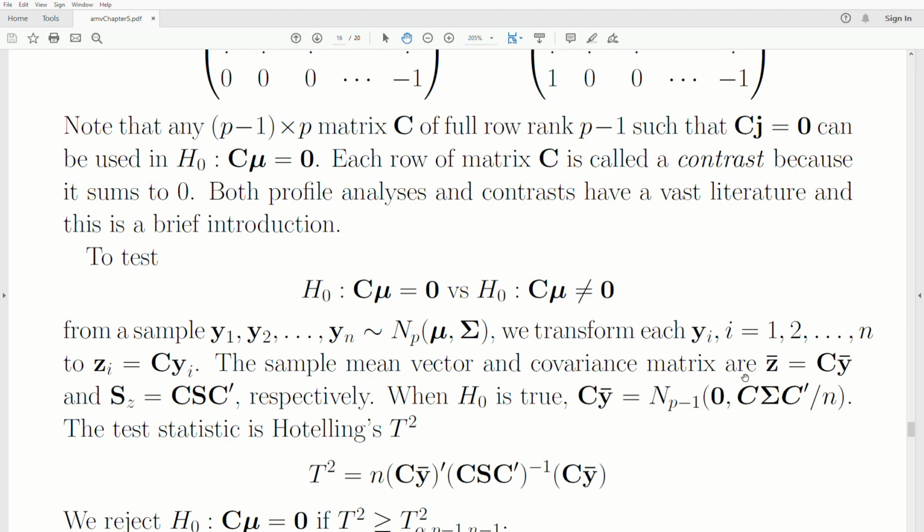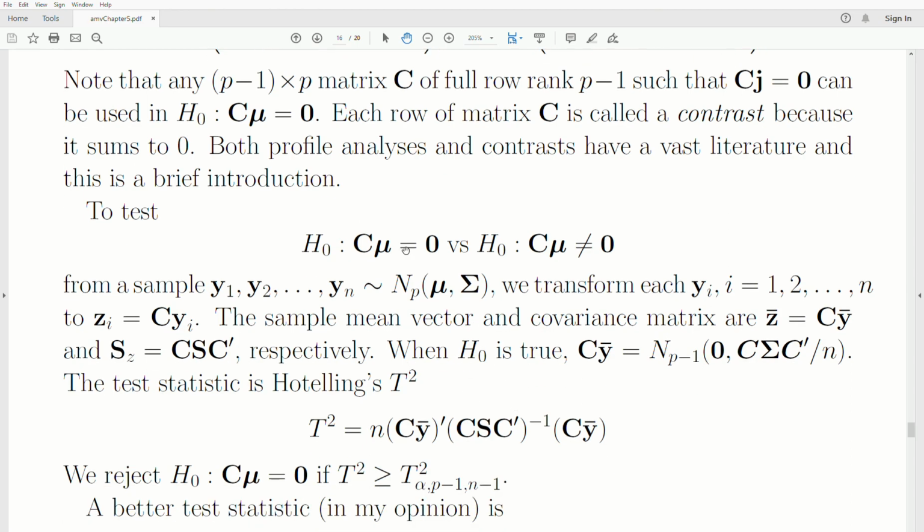The sample mean vector and the sample covariance of z are given by this, and the covariance matrix C S C prime. And when H naught is true, then this transformation, C times the mean vector, is 0. It's a multivariate normal, mean 0, and then this covariance matrix C sigma C prime, which is transpose, divided by n, because we're dealing with the sample mean.